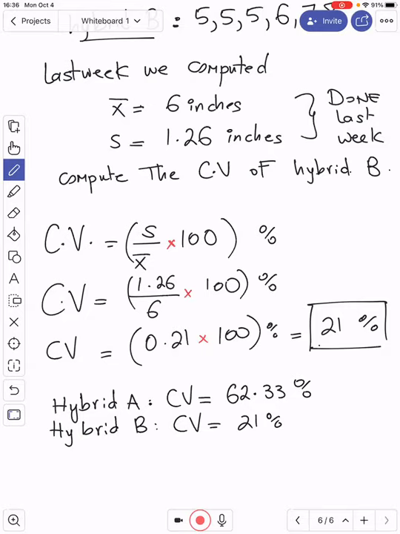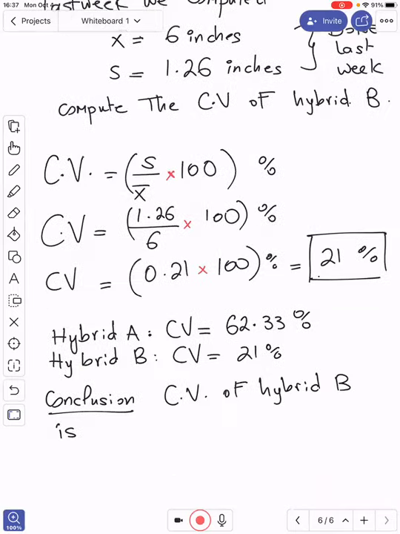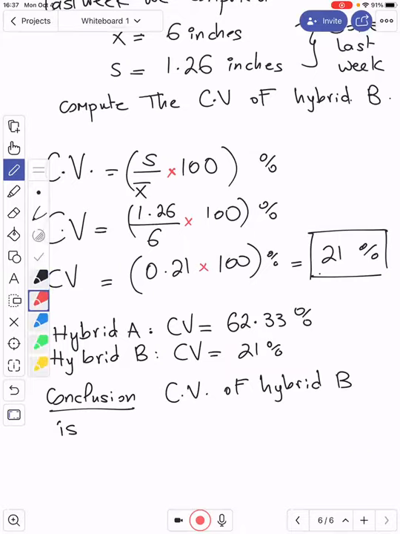Hybrid B is less dispersed than hybrid A. So the conclusion here: the coefficient of variation of hybrid B is less than the coefficient of variation of hybrid A.